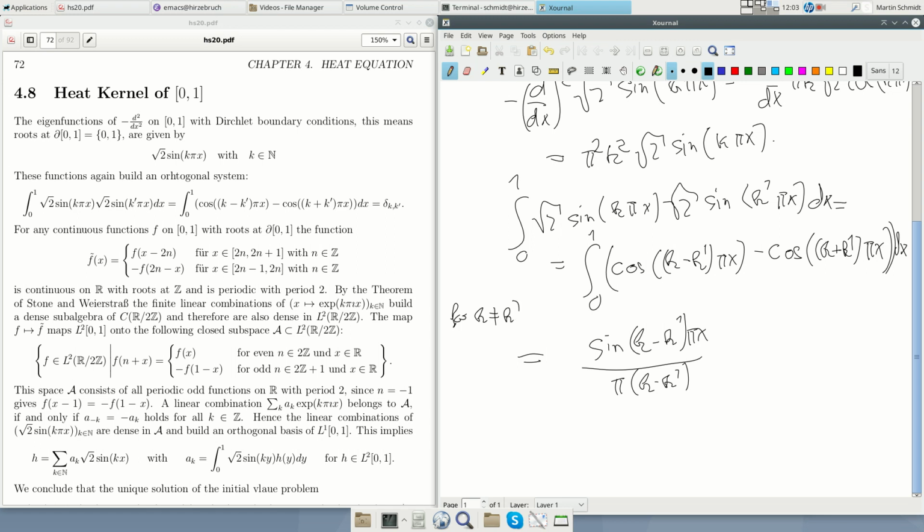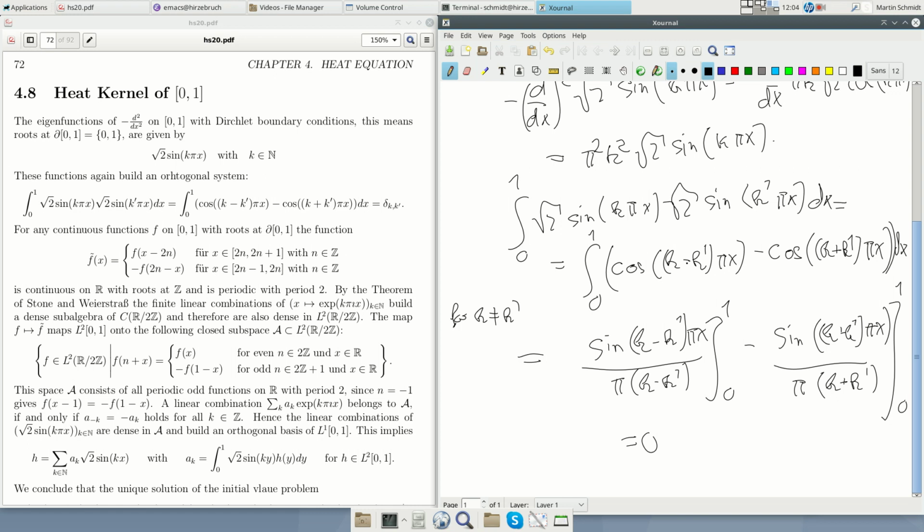And here we have from 0 to 1, and minus sine of (k plus k prime) pi x divided by pi times (k plus k prime), also from 0 to 1. If k is not equal to k prime, then in both cases we get 0, since these vanish.